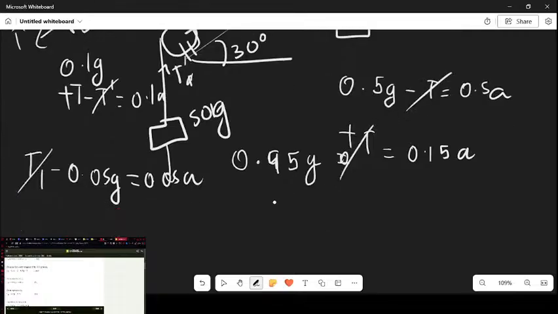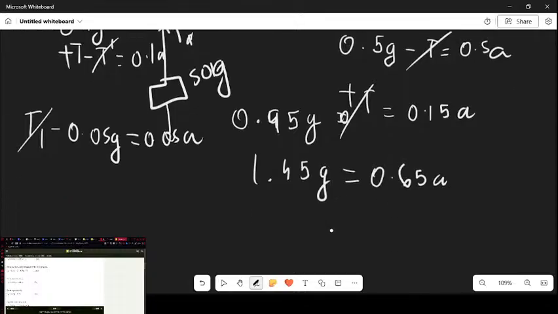And yeah, I guess if I add 0.5 here, it's going to become 1.45 g, and here it's going to become 0.65.